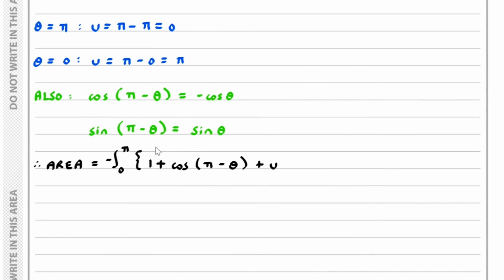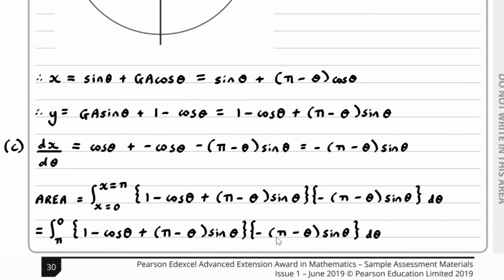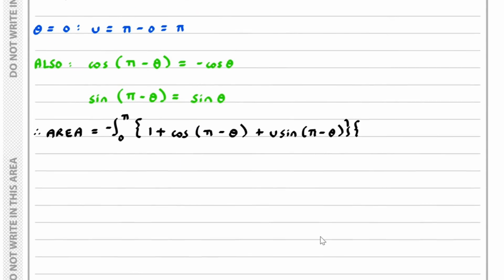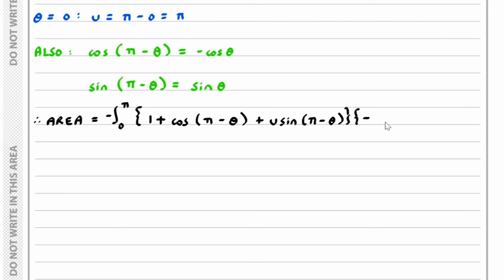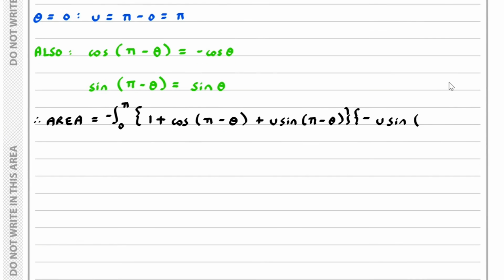Now sine theta is the same as sine of pi minus theta, so that's one bracket. And for the other bracket, what do we have? We've got minus u multiplied by sine of theta, which is the same as the sine of pi minus theta, and I've got the du at the end.